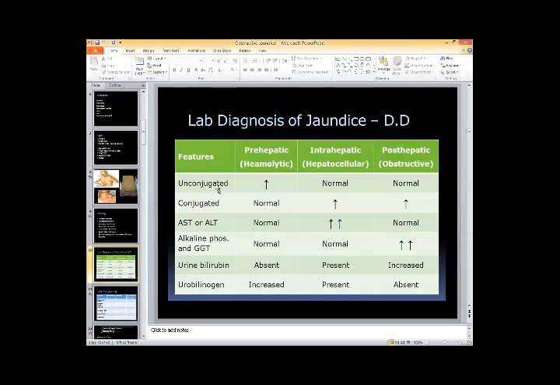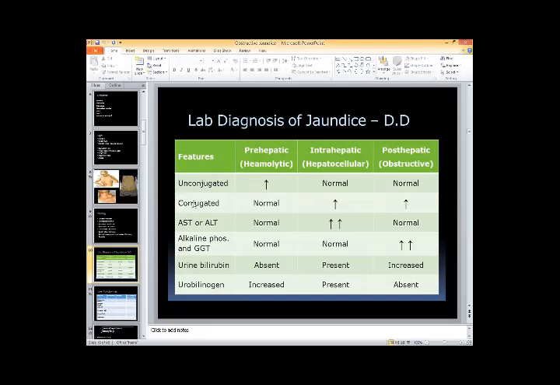Unconjugated bilirubin means there is increased production of bilirubin because of hemolysis, and this bilirubin is not being conjugated by the liver. So if you check unconjugated bilirubin, it is high in hemolytic jaundice or pre-hepatic jaundice. And in hepatic and post-hepatic jaundice, unconjugated bilirubin will be normal.